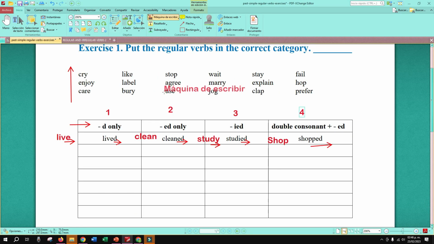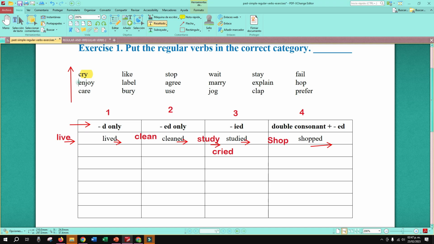Let me do this. Okay, what about cried? What do you think about this one? Cry. Which column? 1, 2, 3, or 4? Where do we need to write? Yes? 1? Are you sure? 3, right? So there you have cried, right? Cried. 3, excellent, very good.